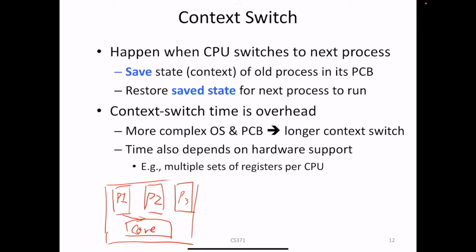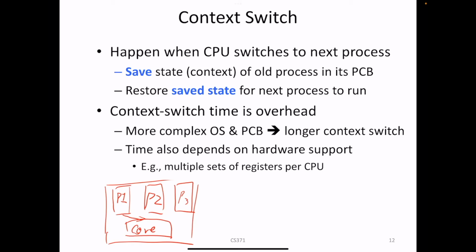So remember, we have talked about how to implement the PCB in the Linux operating system. If we add more member variables into the PCB structure, the size of the structure will become larger too, right? Then the time to load the PCB will be longer as well. So that is why a more complex operating system and PCB can cause a longer context switch.